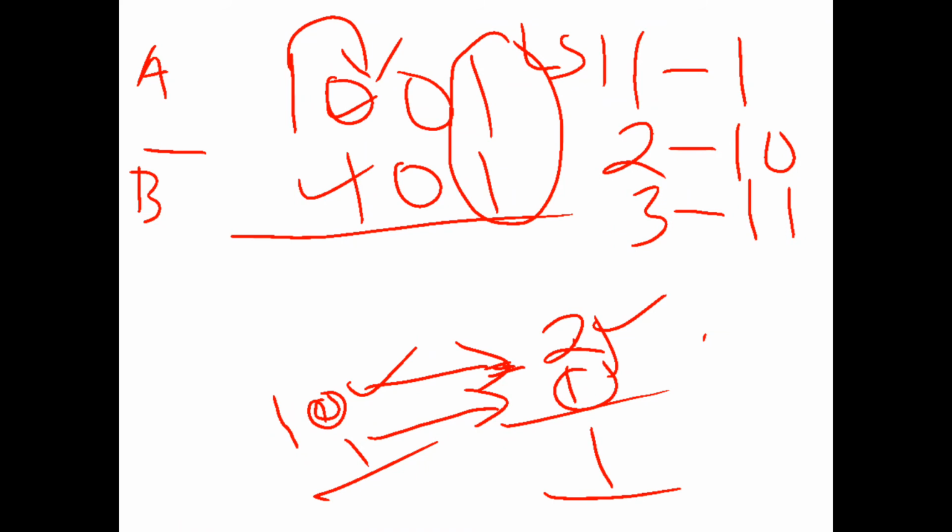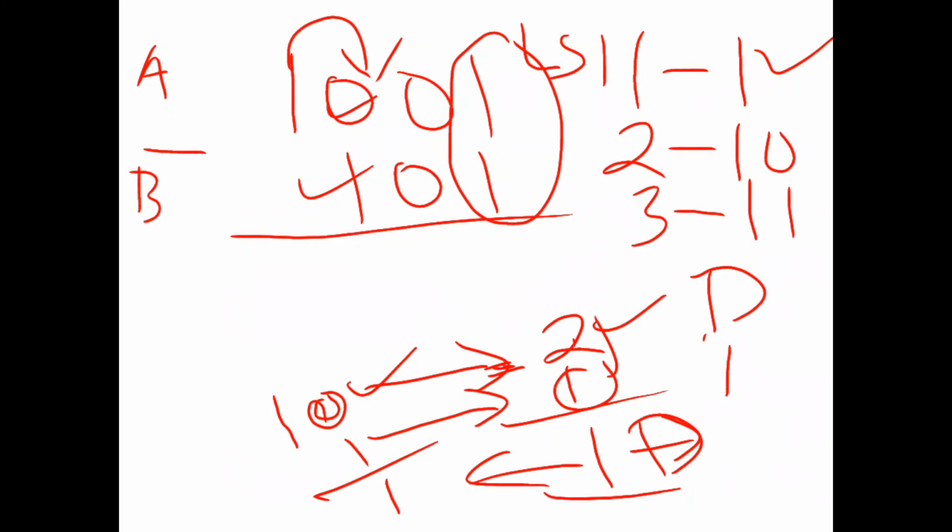We know that it is the decimal 1, and in binary the 1 can again be written as 1. So the difference will be, because we were talking about the difference and borrow, in this case you can see the difference will be 1 with borrow value 1.